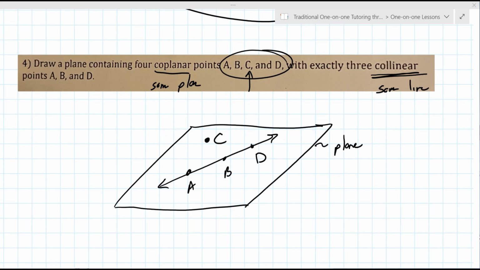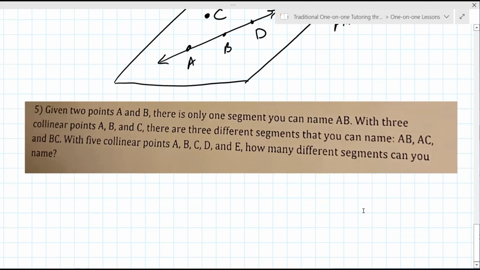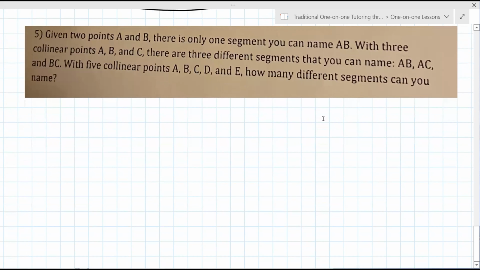Okay, so let's look at question 5. It says, given 2 points, A and B, there is only one segment you can name, AB.